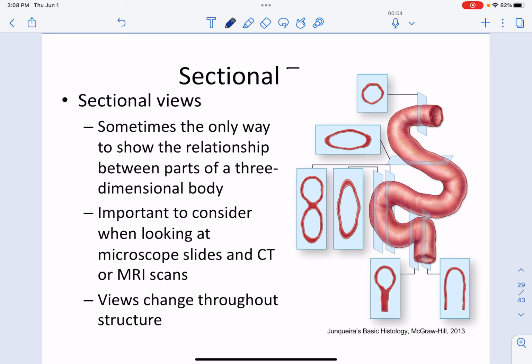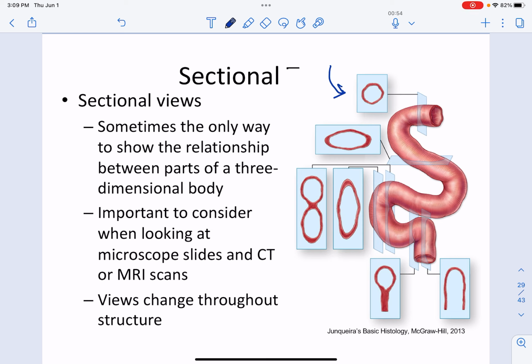This is a nice picture showing you what would happen if we took slices out of the small intestine. Depending on where we took these slices, the image is going to look a little bit different.